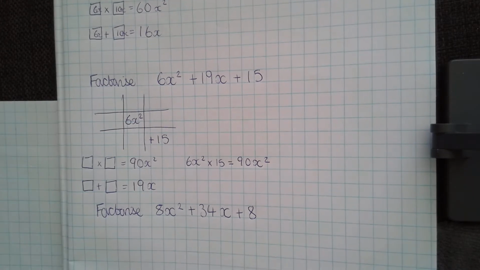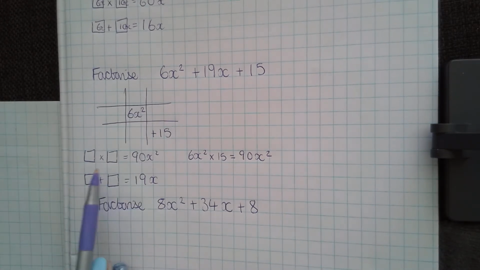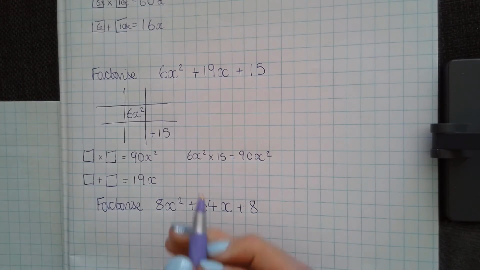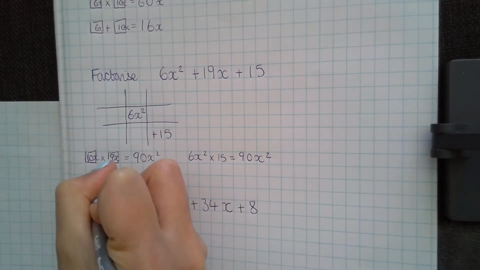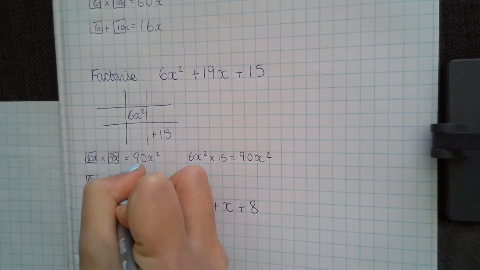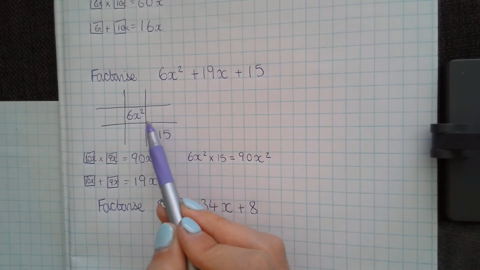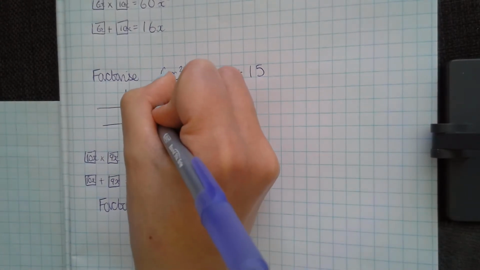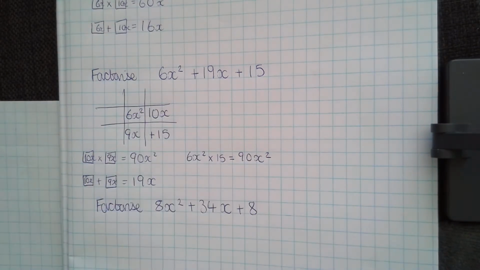So this one is a little bit more obvious as well. So we've got 10 times 9 is 90, and 10 add 9 is 19. So we know that's going to be 10x and 9x. It doesn't matter which way round they go. So I'm going to put 10x and 9x.